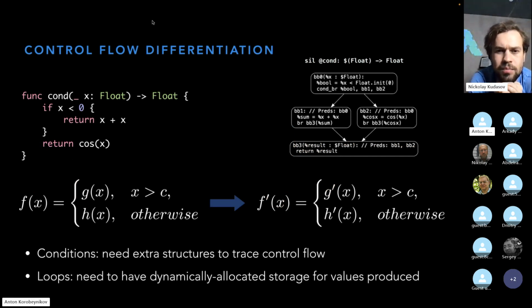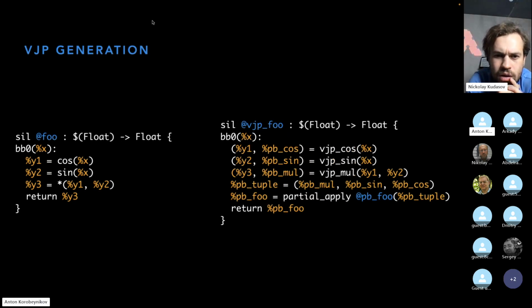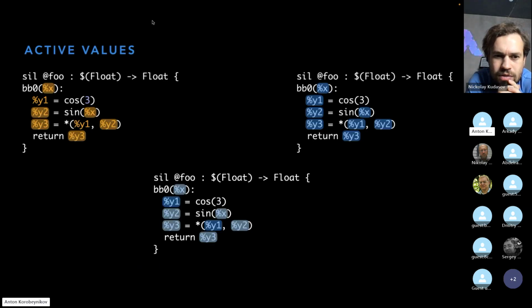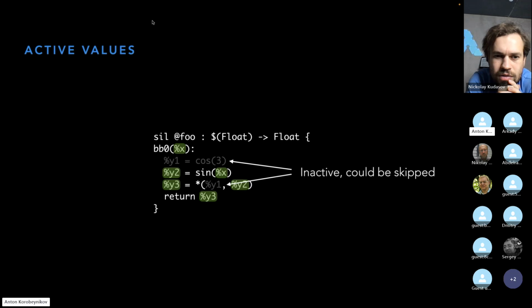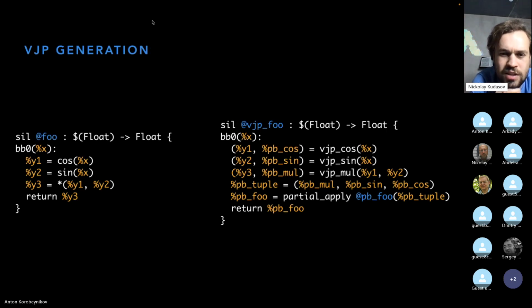In the previous example, you mentioned that not everything should be differentiated. If you go back one slide, like here, you say that cosine need not be differentiated with respect to the first argument of multiplication, but in the VJP code that is generated, it seems that it doesn't do that.